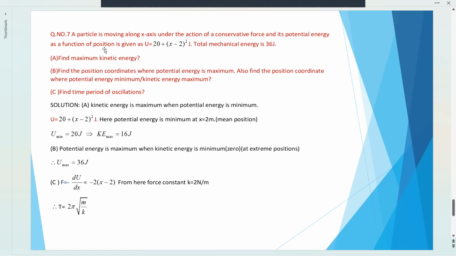A particle is moving along the x-axis under the action of a conservative force, and its potential energy as a function of position is given as U equal to 20 plus (x minus 2) whole square joule, and the total mechanical energy is 36 joule.